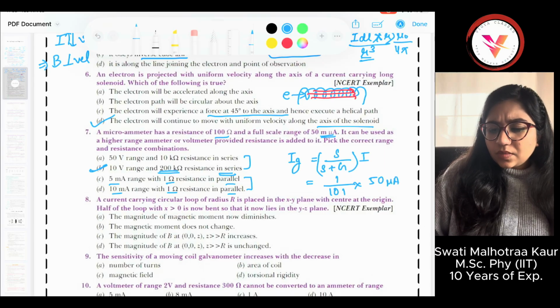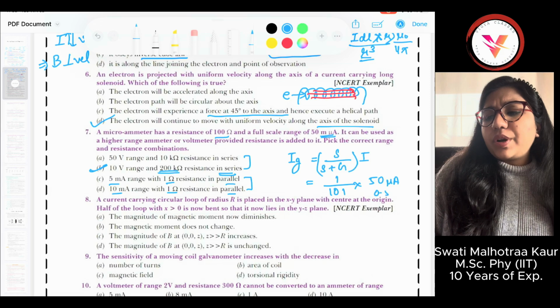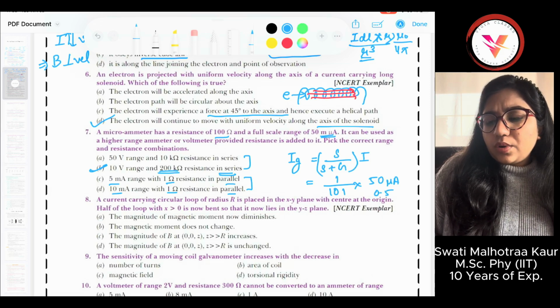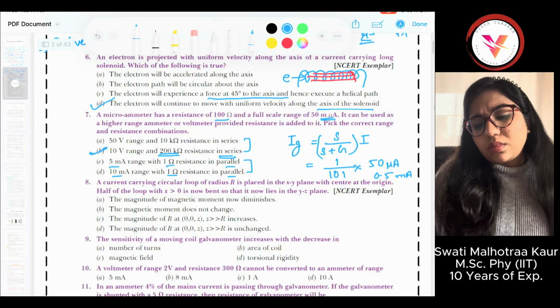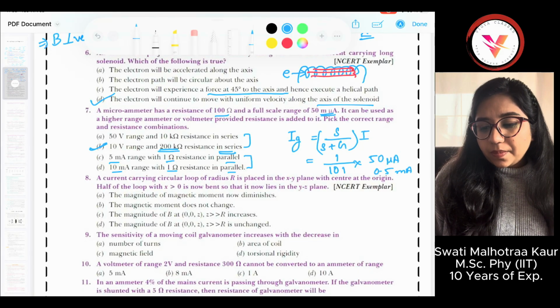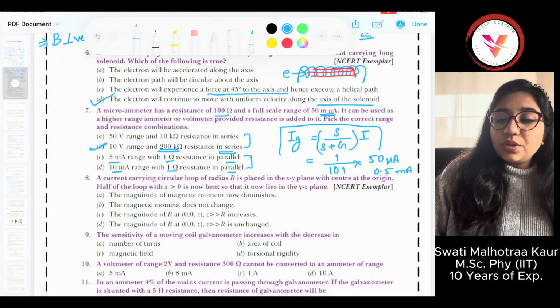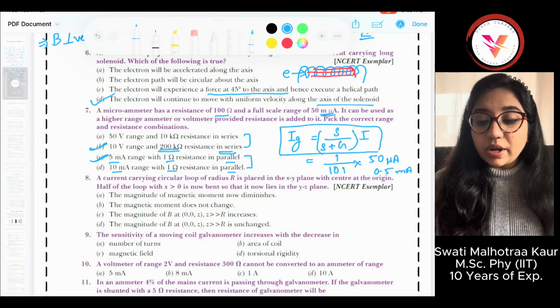Let's take milliampere. So 50 by 100 gives you 0.5, approximately, so it should be around 5 milliampere. Okay, you can use this formula to determine the range, and this could be for an ammeter.